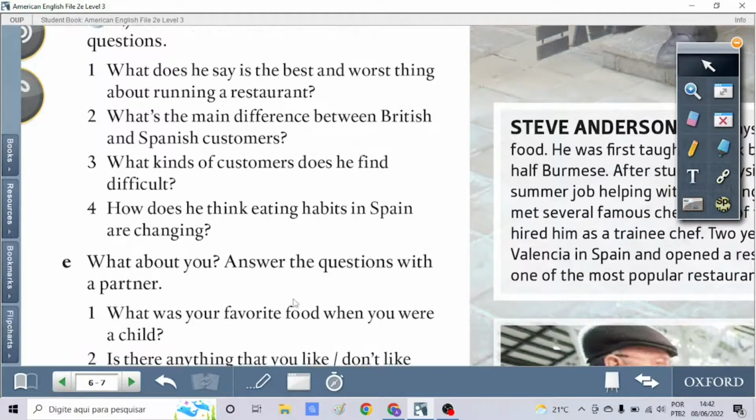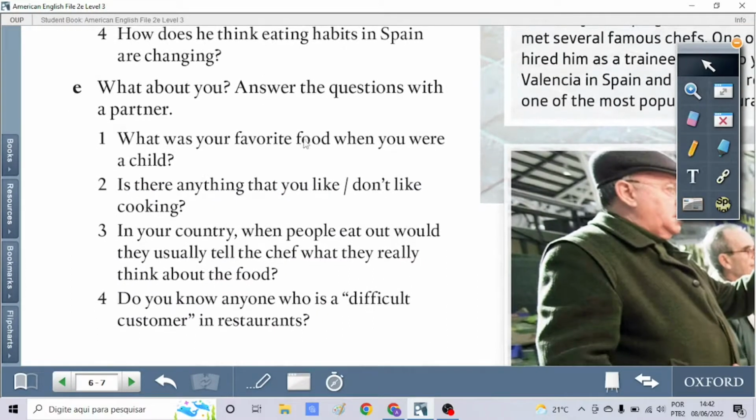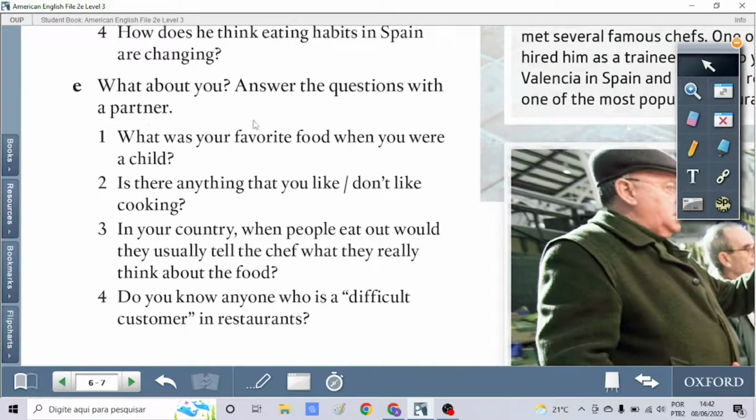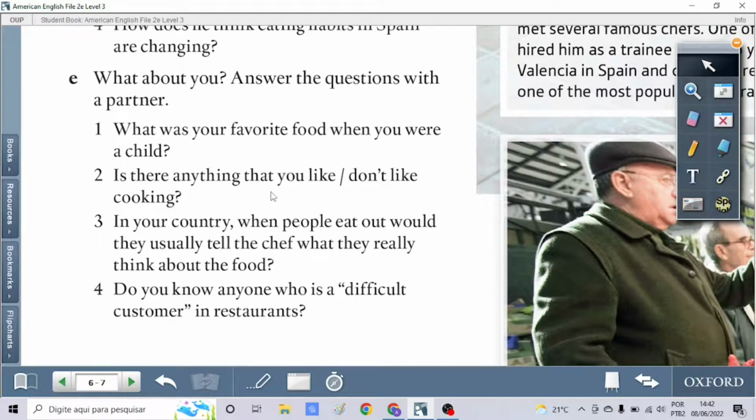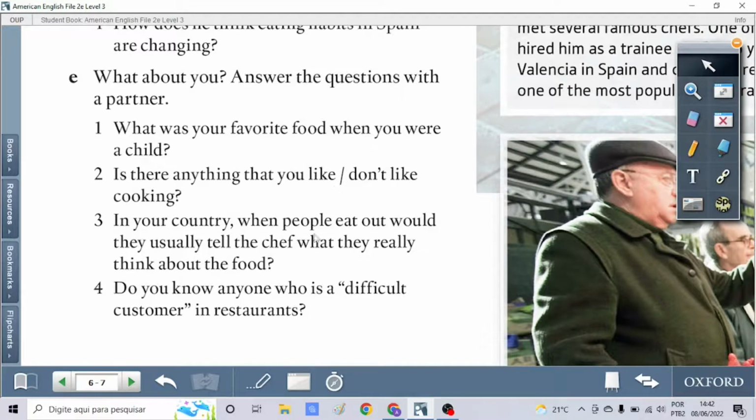Okay, great. In activity E, what about you? Answer the questions with a partner. So you can think about your answer to these questions. 1. What was your favorite food when you were a child? 2. Is there anything that you like or that you don't like cooking? 3.